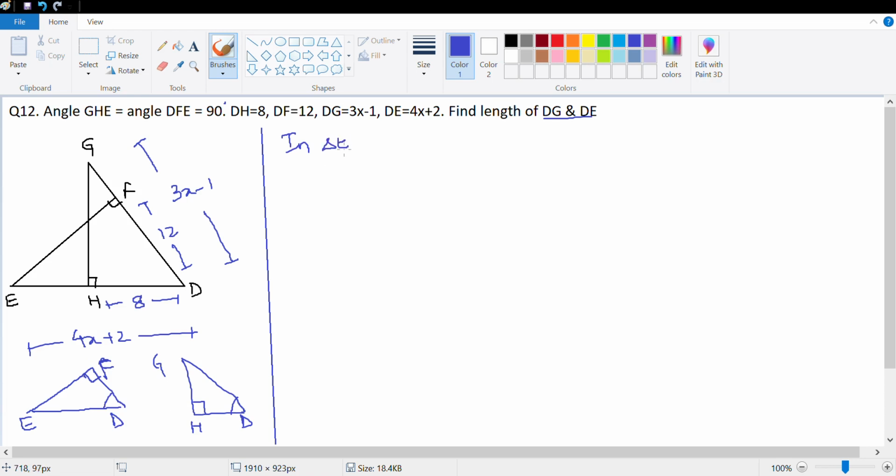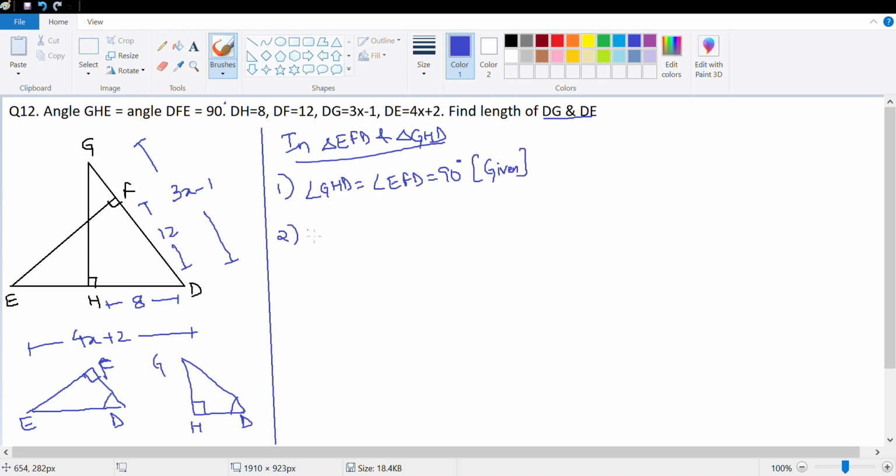In triangle EFD and triangle GHD, what do we get? Number 1, angle GHD is equal to angle EFD is equal to 90 degree. This is given.